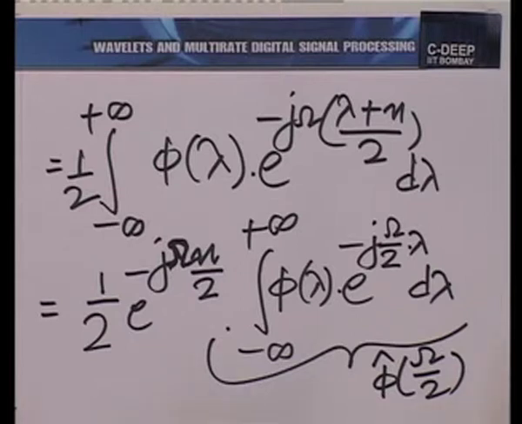So, now we have a very beautiful relationship. What we are saying in effect is that we can express the Fourier transform phi cap omega in terms of itself, which is not surprising because you have a recursive dilation equation on phi t. So, there is a corresponding dilation equation on the Fourier transform. What is that dilation equation?